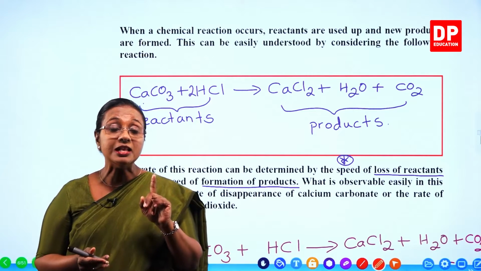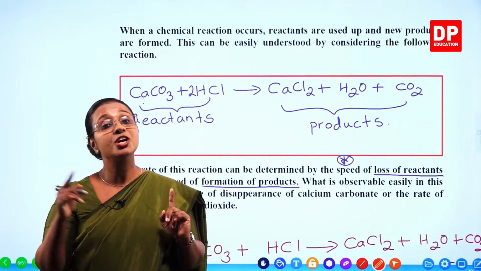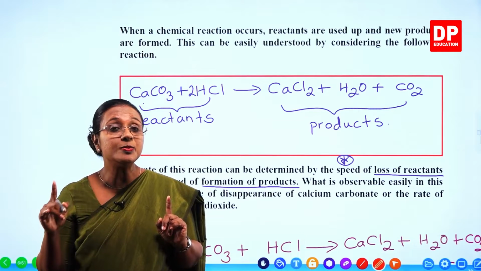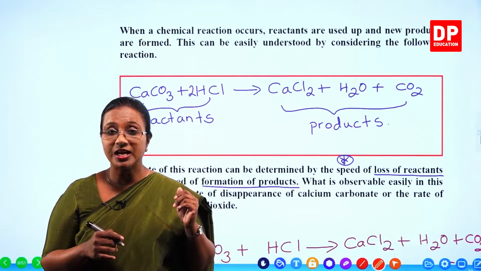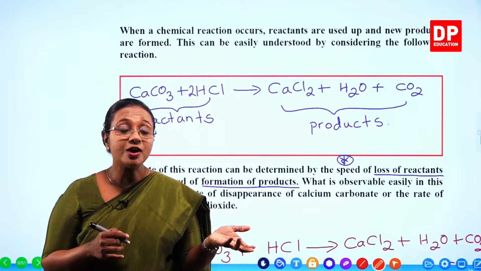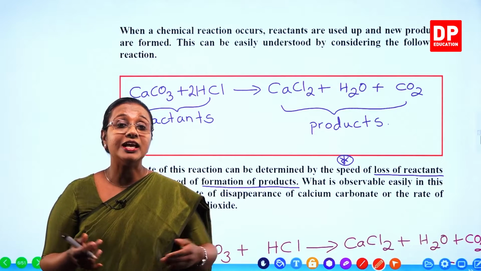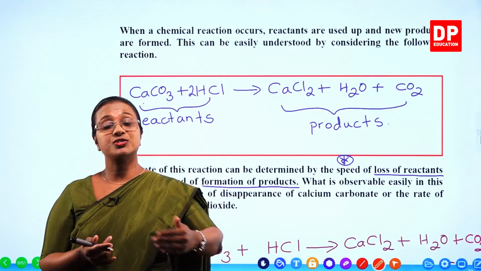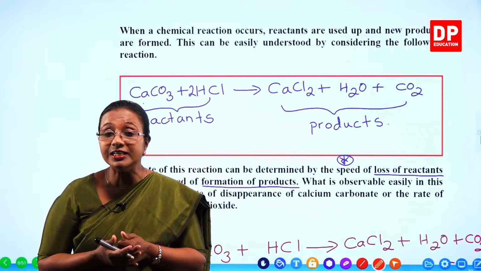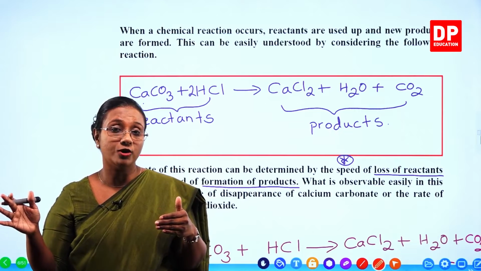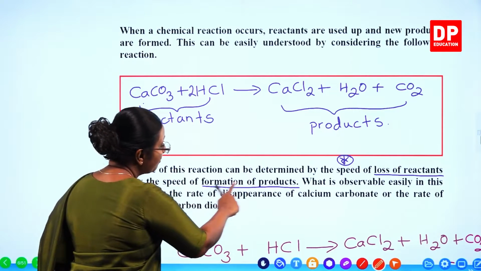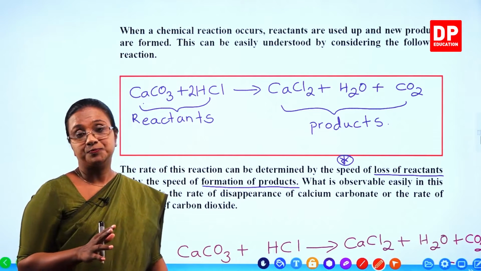When we say speed, normally we relate the change with time. That is what speed is. So, you can collect carbon dioxide and calculate the volume of carbon dioxide evolved in a unit time. That is the speed of carbon dioxide evolving or speed of formation of products.